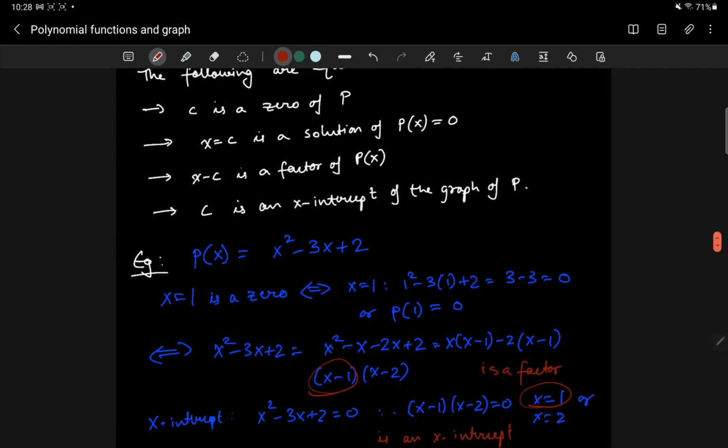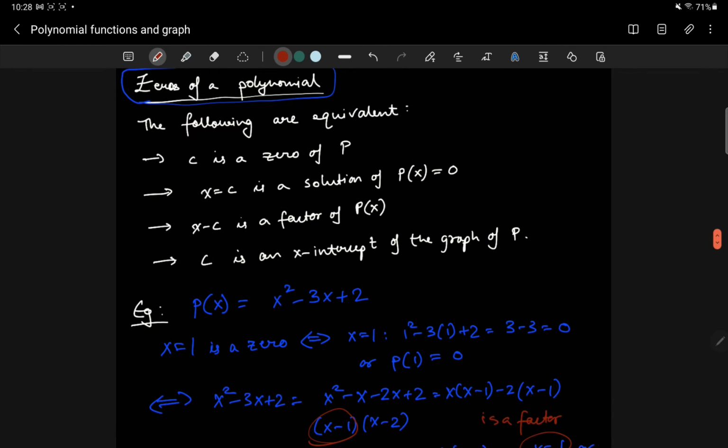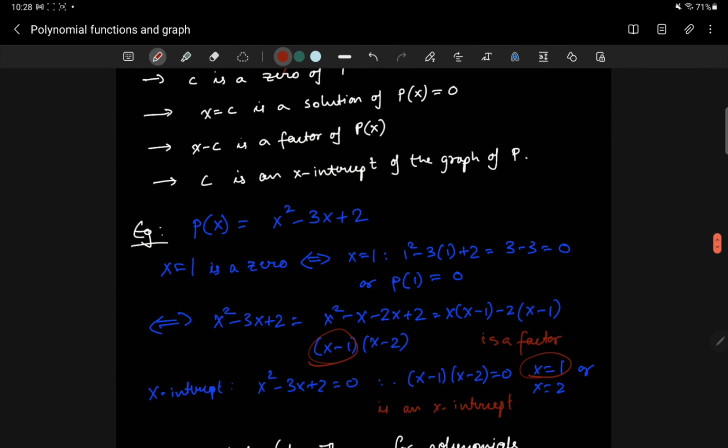Okay, so this is why, when you think of a zero, or another word for a zero, a root of a polynomial, these are four things that are happening together. If it's a zero, then plugging that into the polynomial gives you 0. It also means that x minus that number, x minus c, is one of the factors of the polynomial if you factor it.